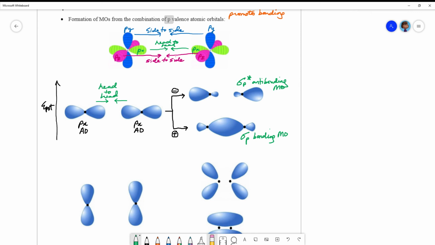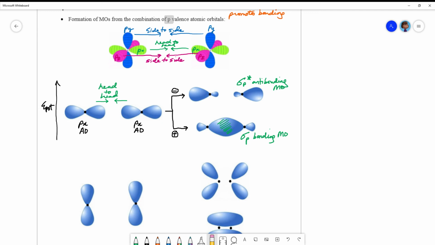Let's note also that the electron density in the bonding molecular orbital is very high in between the two atomic nuclei, whereas there is virtually no electron density in between the nuclei in the antibonding molecular orbital. This is why the bonding molecular orbital promotes bonding, while the antibonding molecular orbital does not.